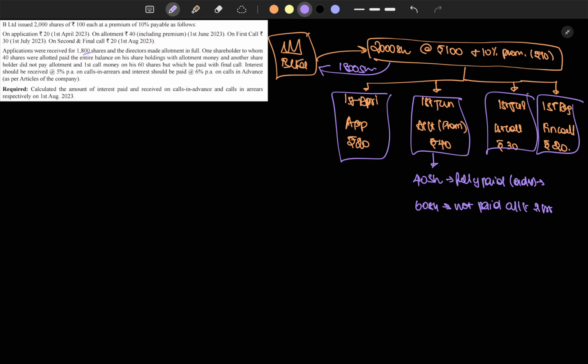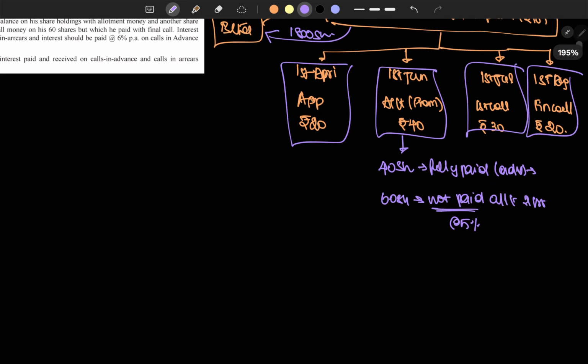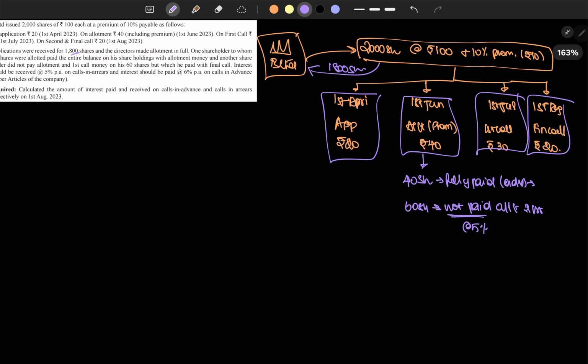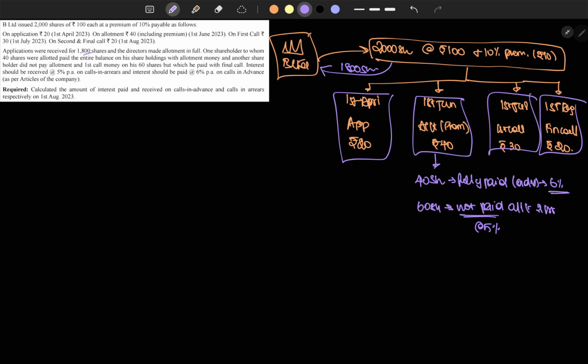Interest should be received at 5% per annum on calls in arrears. Here the unpaid amount is arrears, and the company charges interest at 5%. Interest should be paid at 6% on calls in advance. This is advance, and interest has to be paid to the shareholders at 6%, as mentioned in the articles of the company.